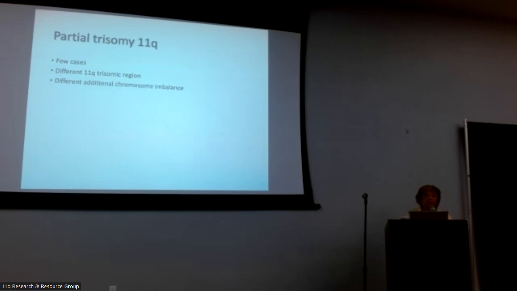There is a different additional chromosome imbalance. So maybe there are two 10, 11 translocations, maybe, I don't know. The additional chromosome could be right side up or upside down. There can be mosaicism. Patients have different ages. So this makes it very difficult to compare cases.